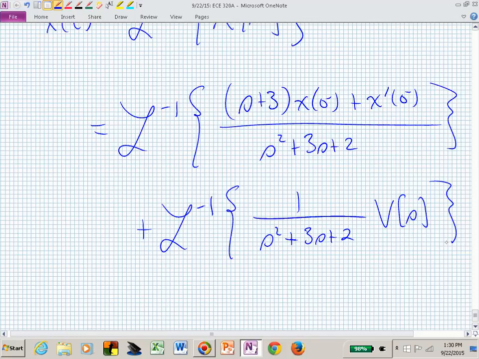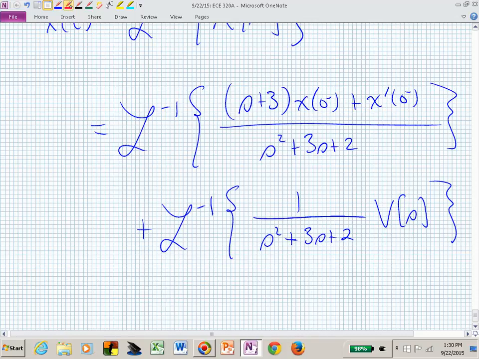I'm trying to be very explicit that that capital V of s is some function in the frequency domain corresponding to a generic waveform, maybe a voltage supply, little v of t in the time domain.